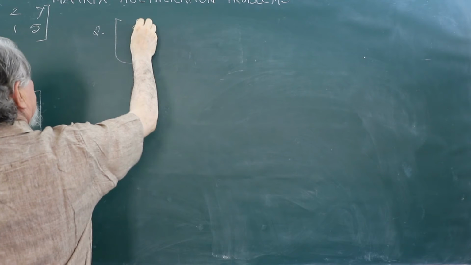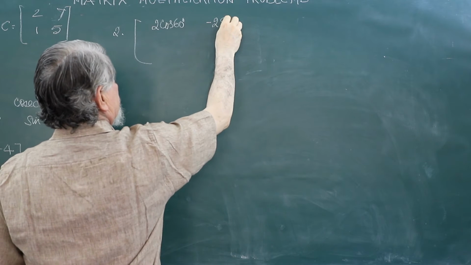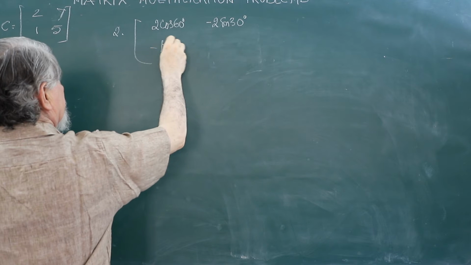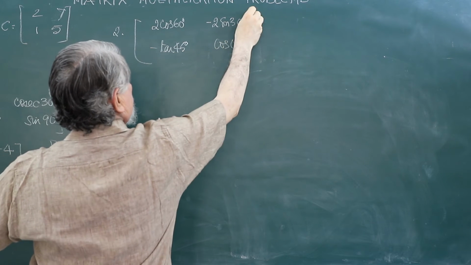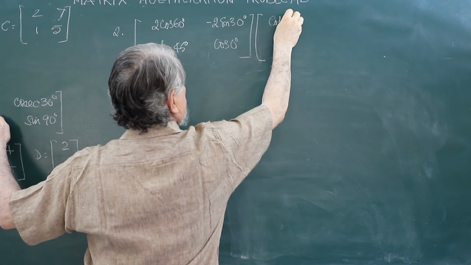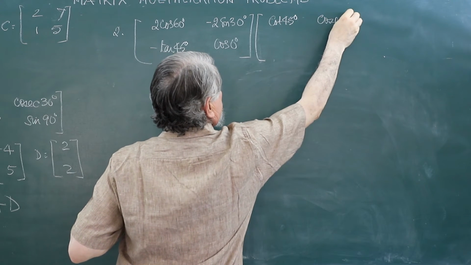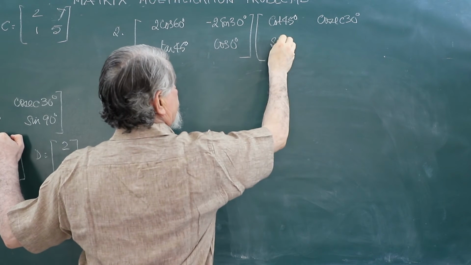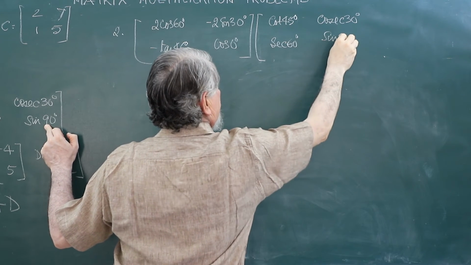2 cos 60, minus 2 sin 30, minus tan 45, cos 0, cot 45, cosec 30, sec 60 and sine 90.